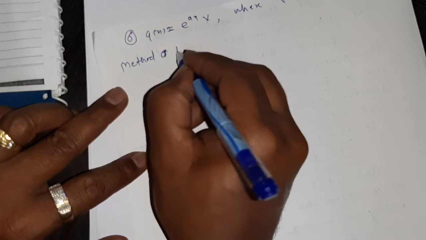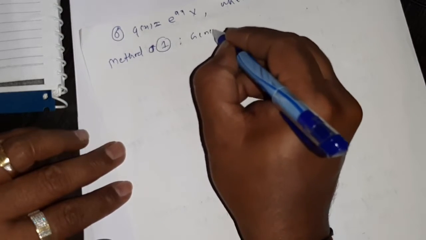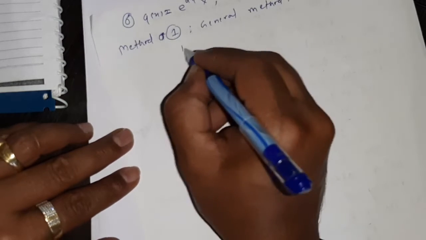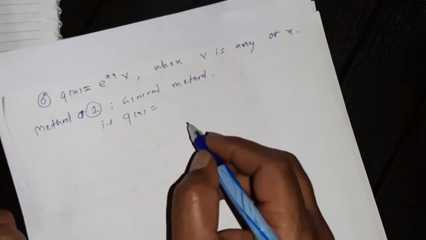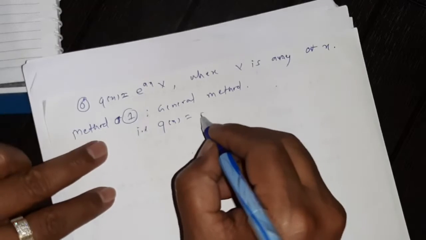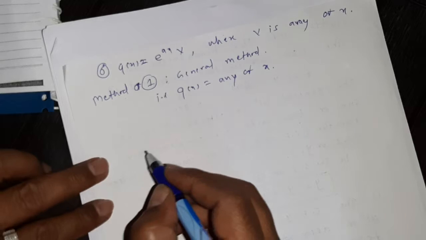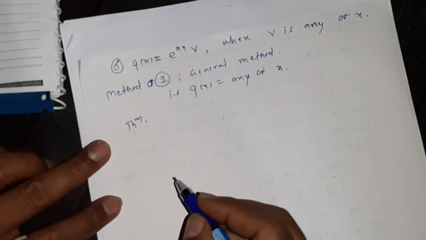The first method is called the general method, where Q(x) is any function of x. We start with one theorem.